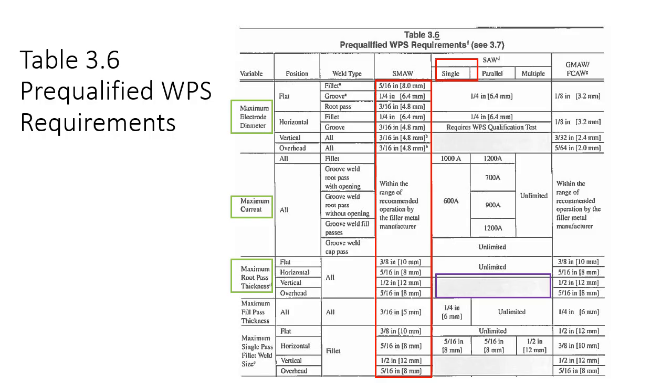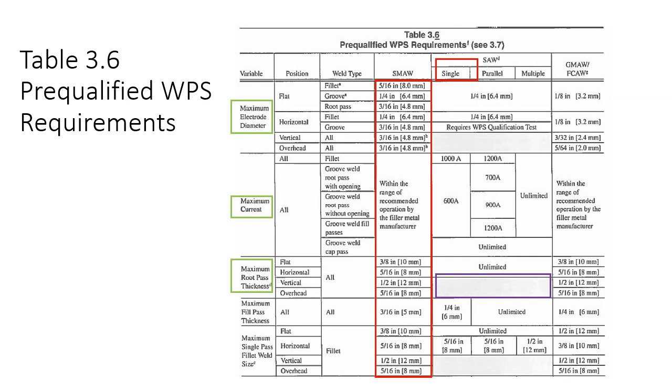Table 3.6, pre-qualified WPS requirements. So you want to go to Table 3.6, and you can see I've outlined some things. I've outlined shielded metal arc welding in the red there, and then the variables in the green on that side. You're going to need to go through and put in the maximum electrode diameter that you can use in your pre-qualified WPS.